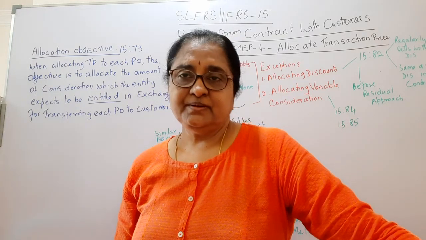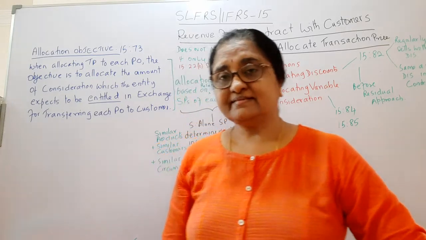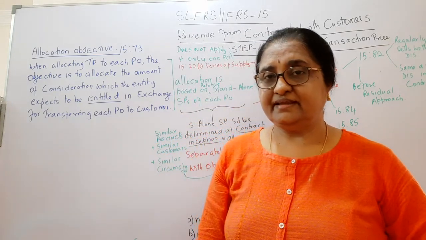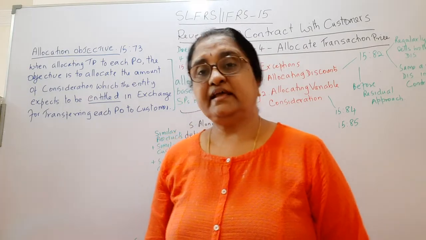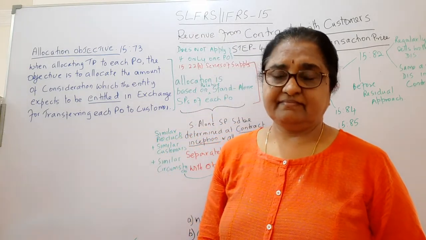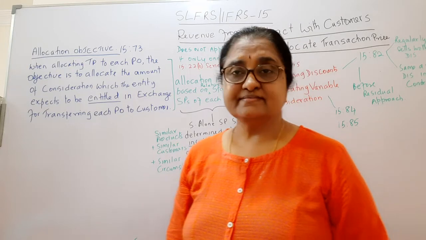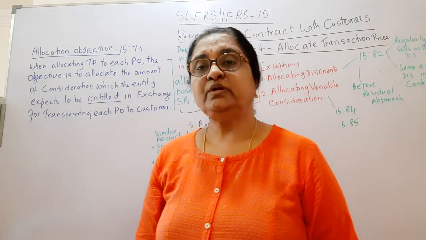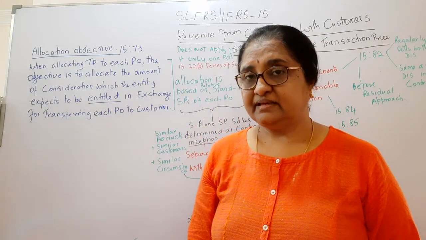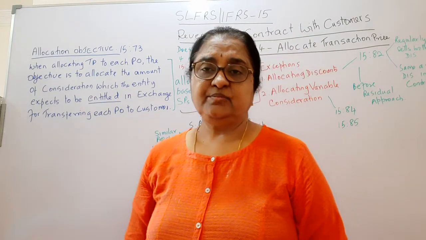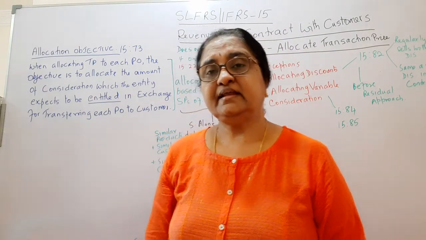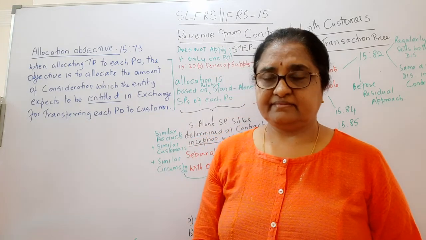Today in this video, I am going to discuss step 4 in SLFRS 15 or IFRS 15, which is the allocation of transaction price. In my previous videos, I had discussed how to determine a transaction price and what are the factors that have to be considered in determining the transaction price.